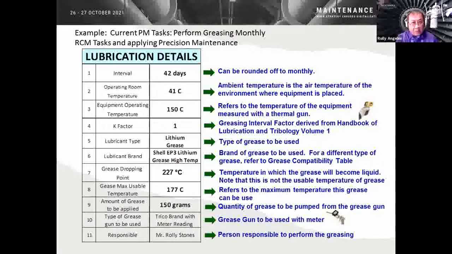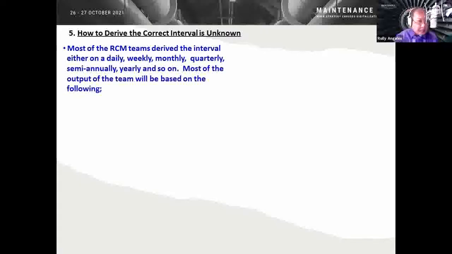So what is important is that we derive the correct interval, because in RCM, when the team proposes a task, usually the interval will be either brainstormed, or it might be daily, weekly, monthly, quarterly, semi-annually, and so on.